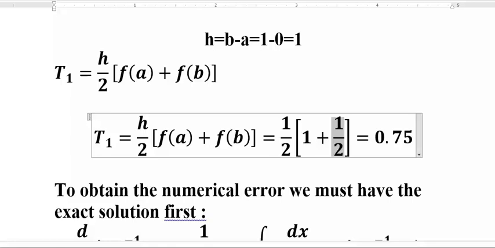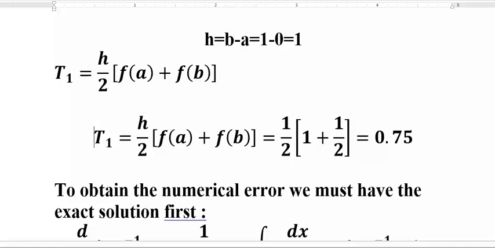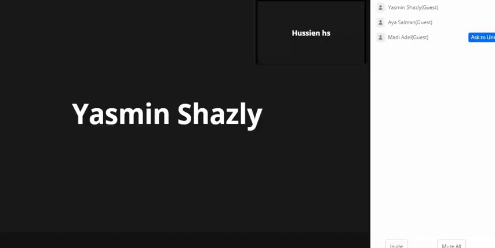So this is the substitution, and the result in all is 0.75. Is this example understood, my dearest students? Do you understand? Yes. Okay.